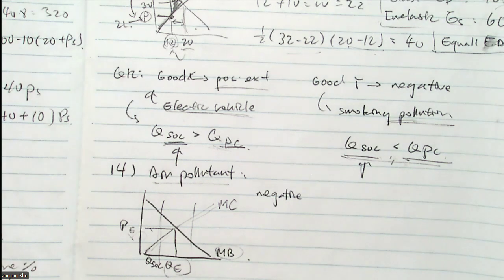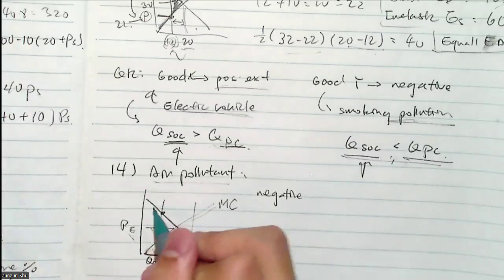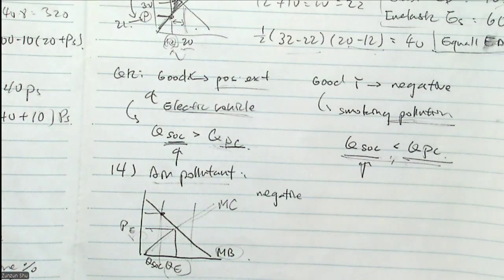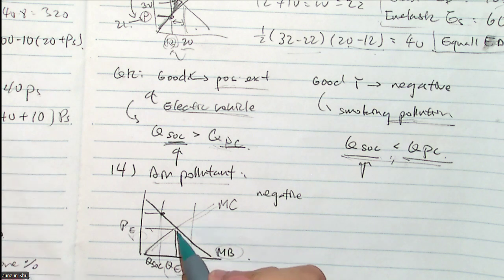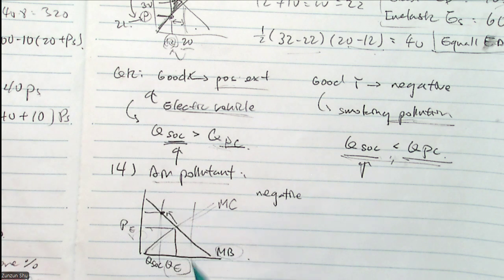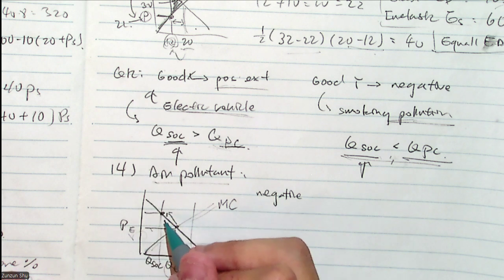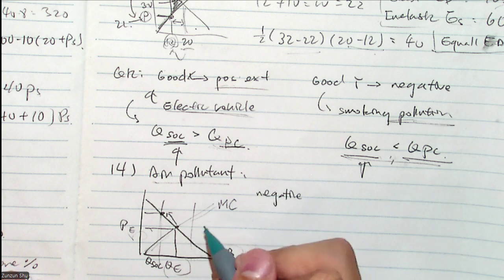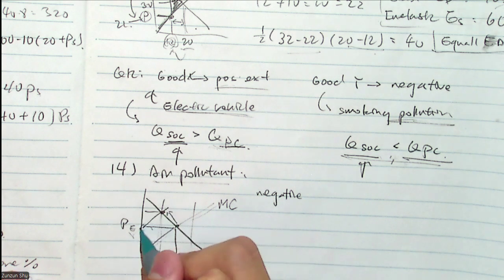But how are we going to actually get there? We do get a Q sock now, but how are we to do that? Well, you think we're going to move somewhere like this, right? In order for our equilibrium to move to this point. And that's exactly what you do. You move the MC line to the left.